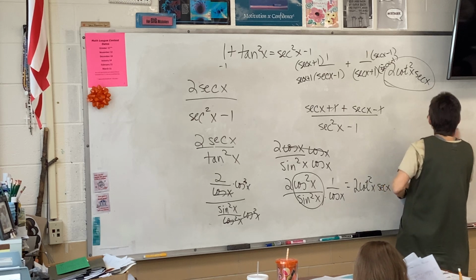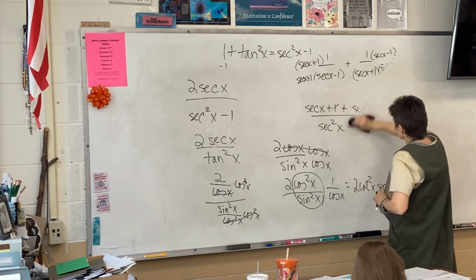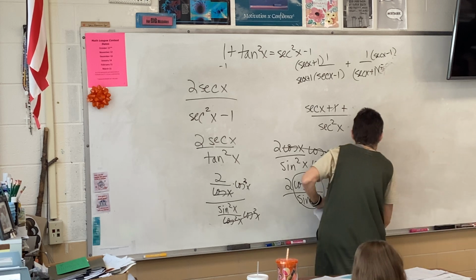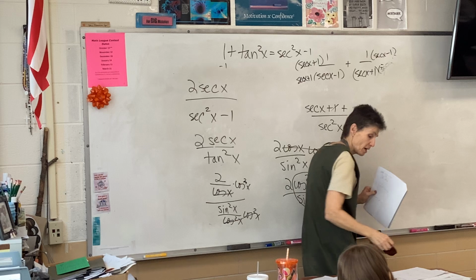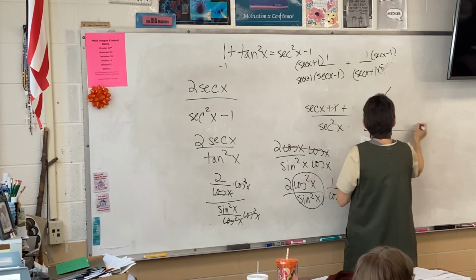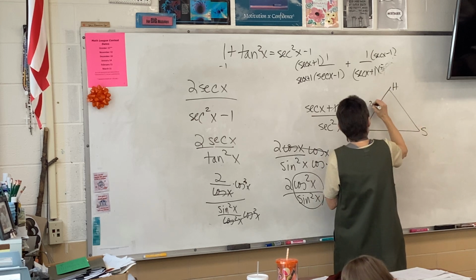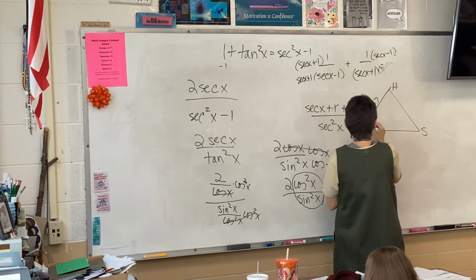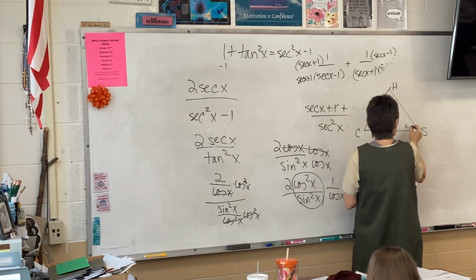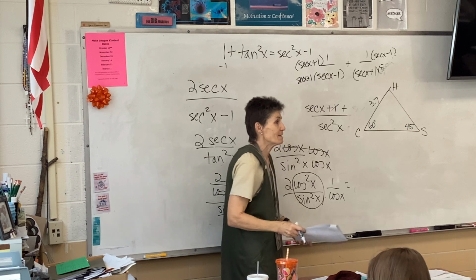Back in chapter 4, I need everybody listening. I don't have time to deal with stuff. Need everybody listening. Back in chapter 4, we solved triangles. We're doing it again. Remember that solving a triangle means finding everything that is missing.